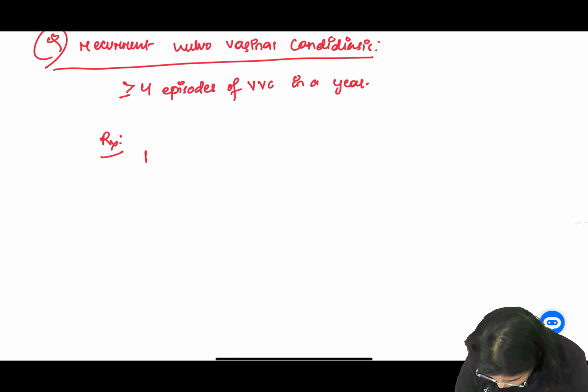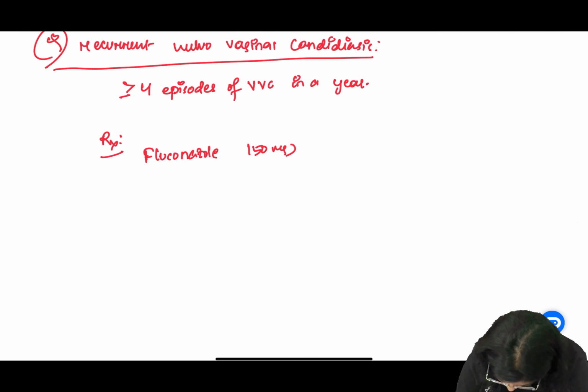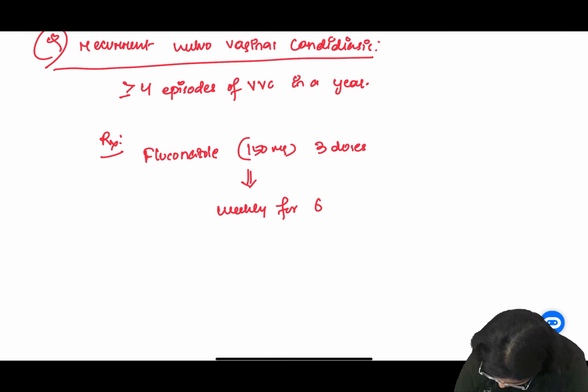We give fluconazole 150 milligram, 3 doses, and then weekly for 6 months. This is for albicans species.